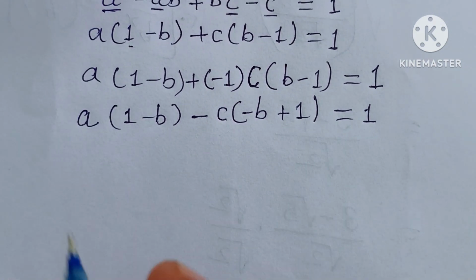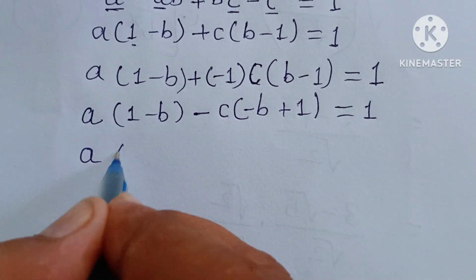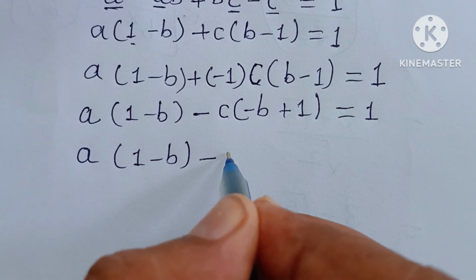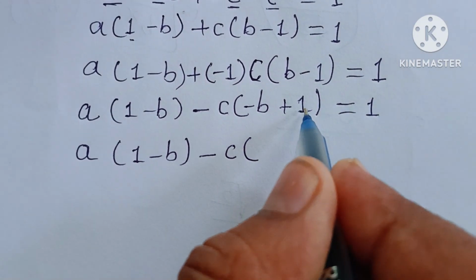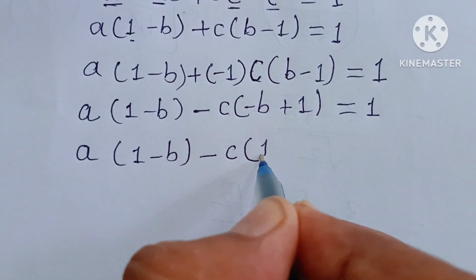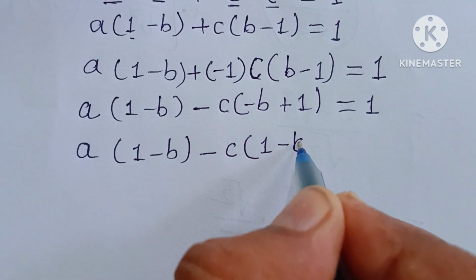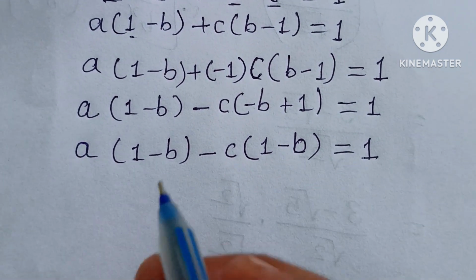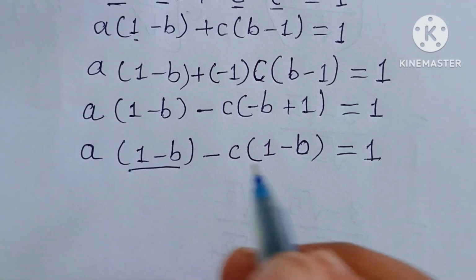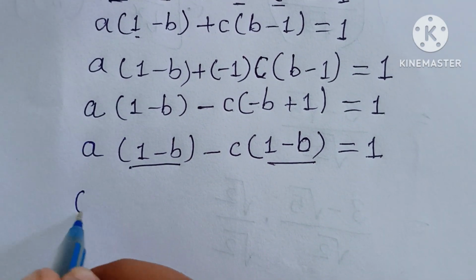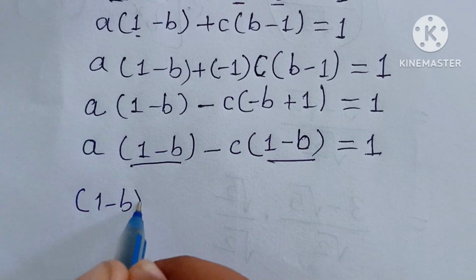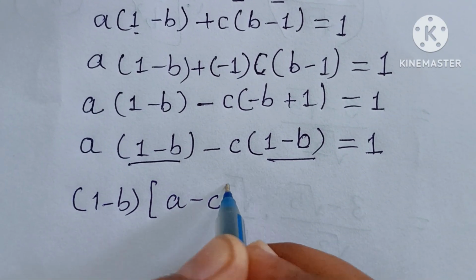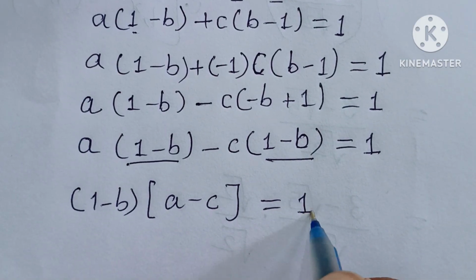Now A in bracket 1 minus B, minus C into 1 minus B equal to 1. Now here 1 minus B, 1 minus B, so we write in bracket 1 minus B, another bracket we can write A minus C equal to 1.